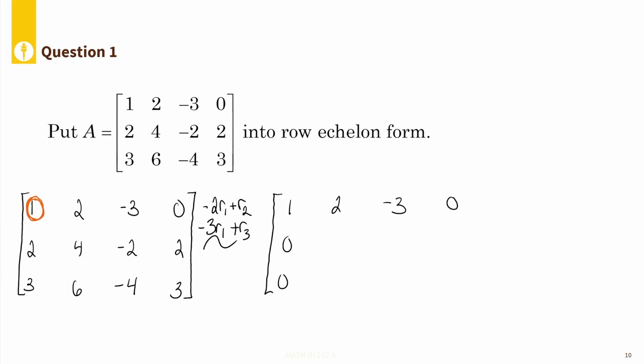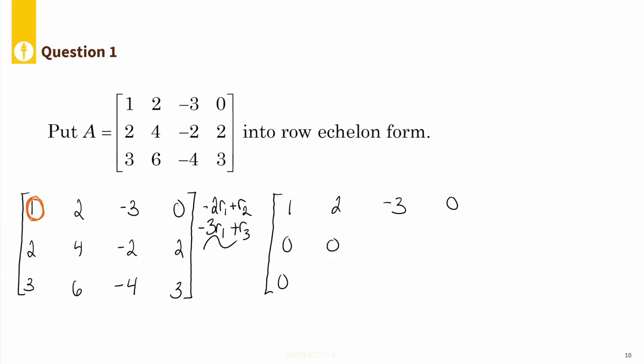-2 times 2 plus 4. -2 times -3 plus -2. What is it? -2 times -3 is what? 6.